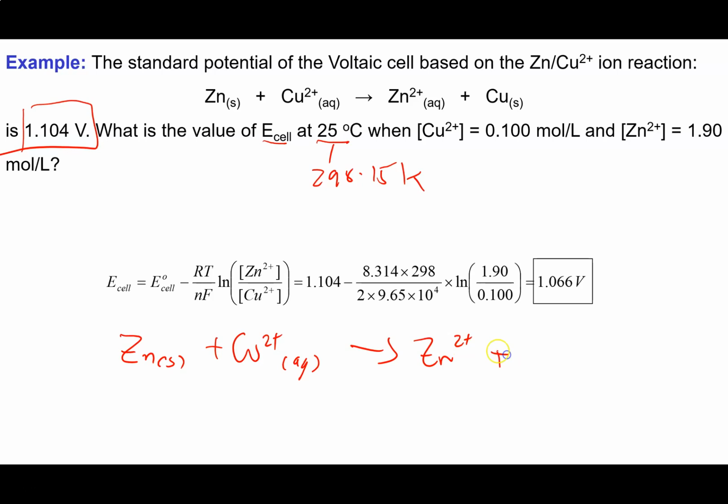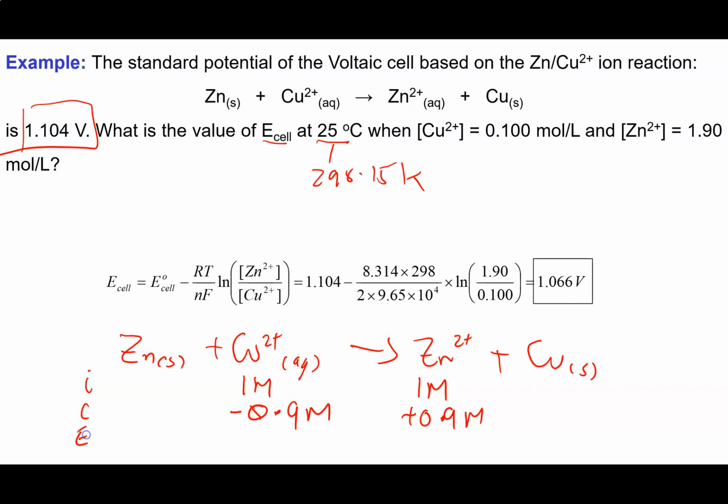So this is what I'm saying here. What happened is we started initially with that being at 1 molar and that being at 1 molar. So that's standard conditions. And then this went down by 0.9 molar and this went up by 0.9 molar.